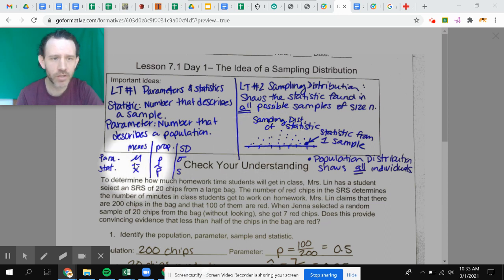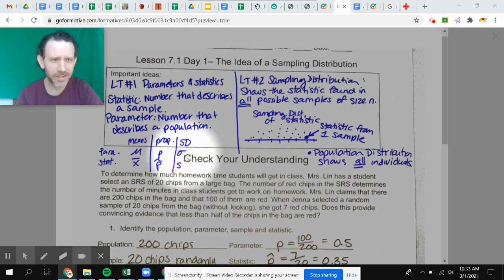The other thing that you're going to start to notice here, class, are these symbols. All right. When we talk about parameters for a population, we're going to be looking at means, which is averages. That's that U looking thing, the mu. If it's a proportion, it would be straight P. Or for the standard deviation, there's that symbol, that epsilon symbol. All right. I think that's what it's called.